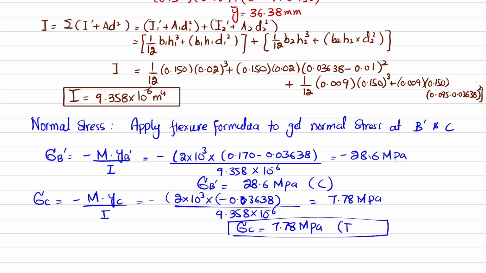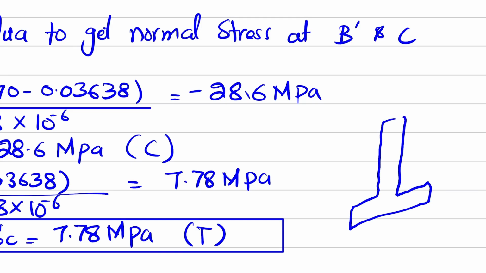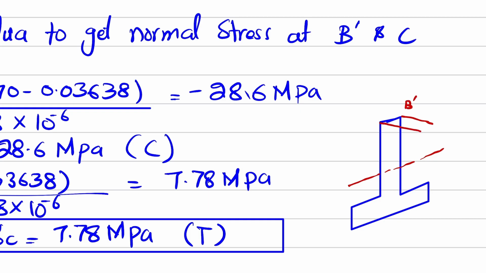Now if I represent this stress on the beam shown over here, this is the beam, and this is the location of the neutral axis. At point B dash, which was your point B, we have compression, so it will be like this.